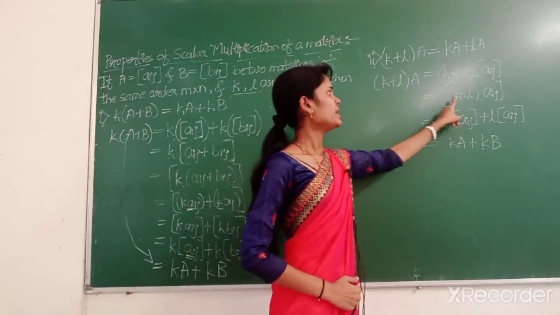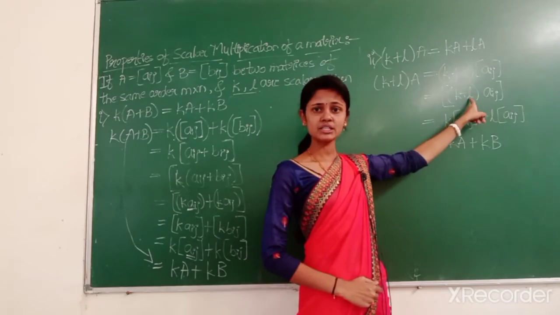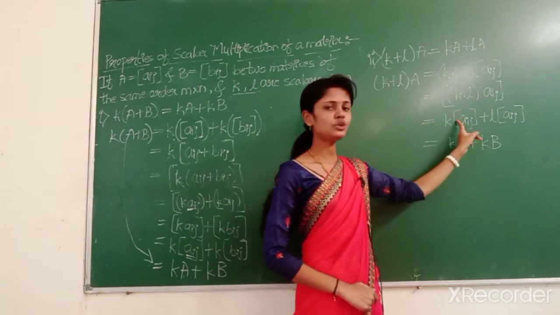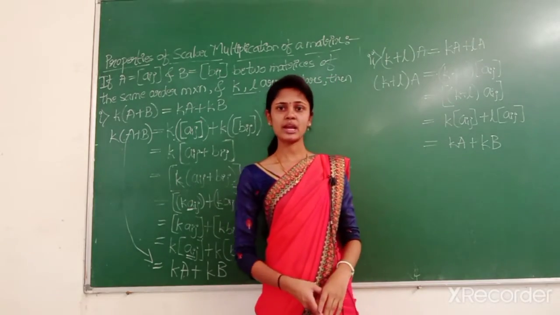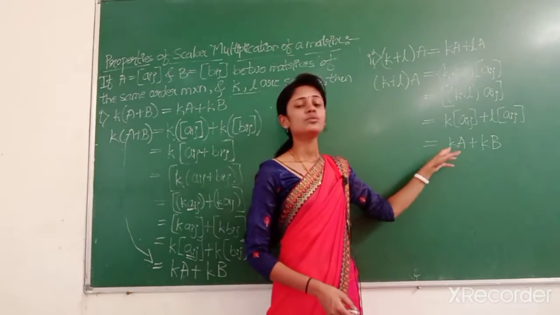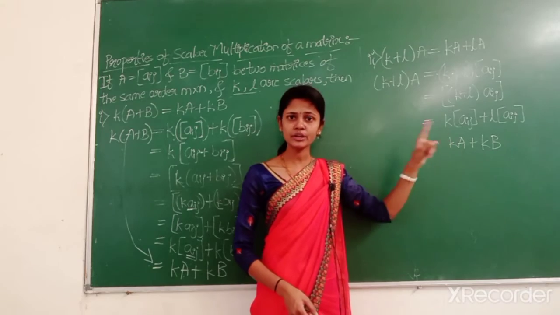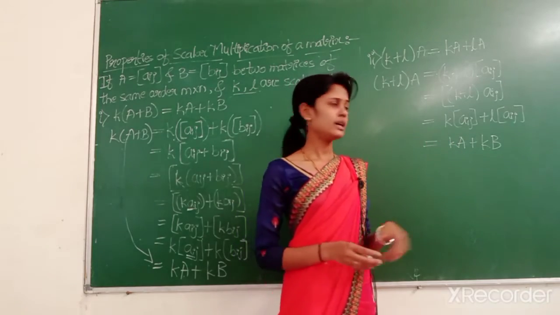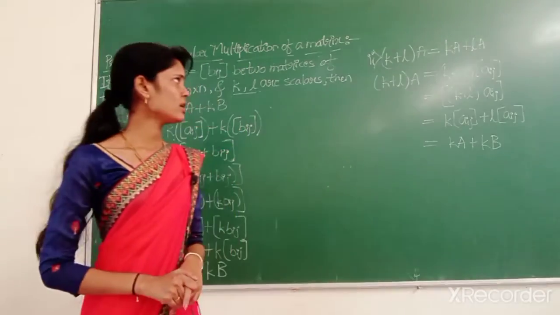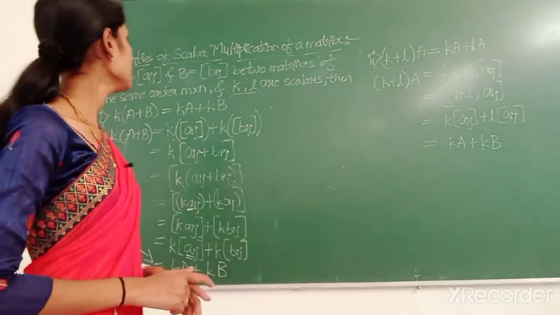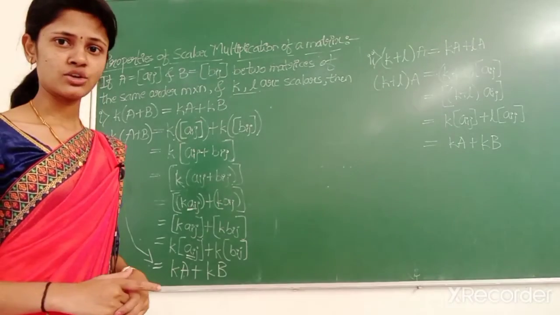Then multiply each term to the Aij: K into the square bracket Aij plus L into the square bracket Aij. Aij is the element of the matrix A, so we get K into A plus L into A. That is the second property of the scalar multiplication of matrices.